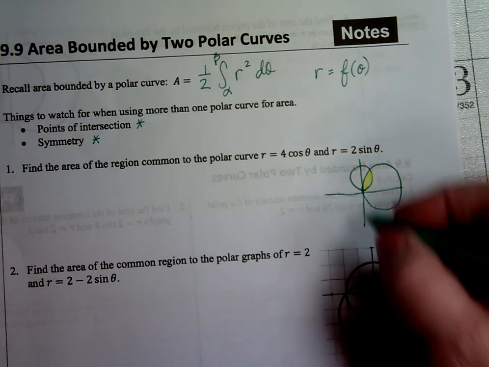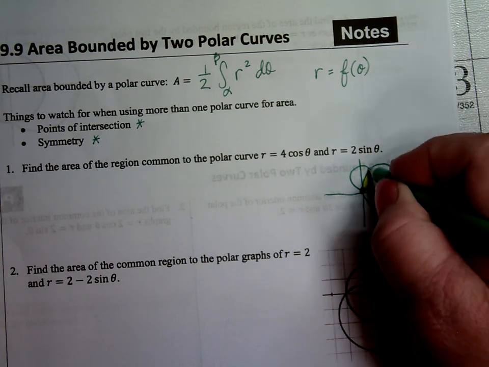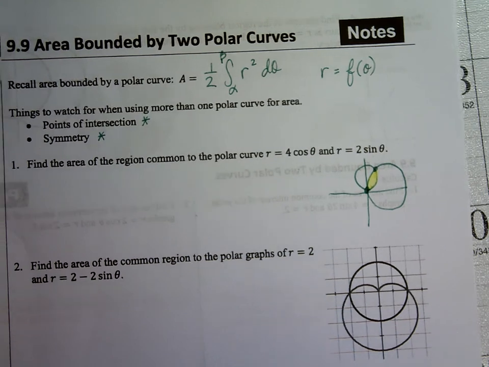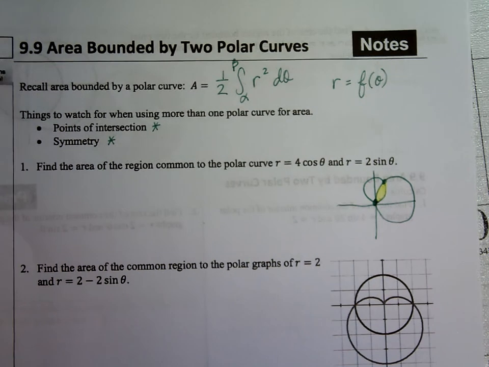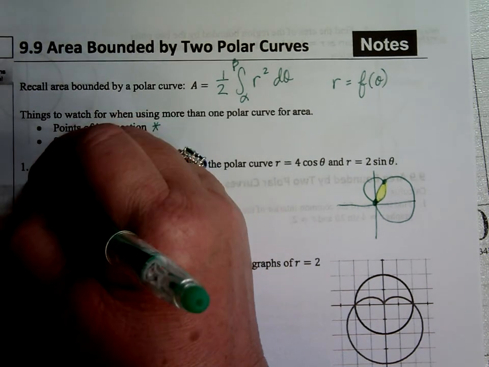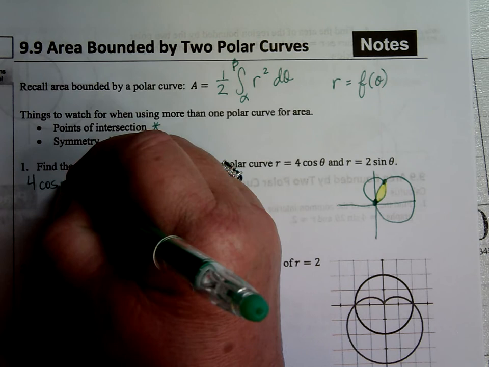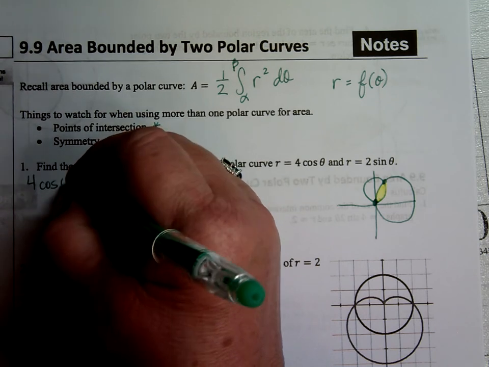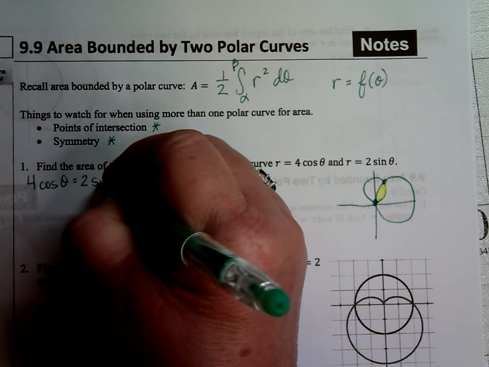And so the big question is, where do they intersect? Well, how do you find where any two equations intersect? You set them equal to one another. So that's what we're going to do. You have 4 cosine of theta equals 2 sine of theta.